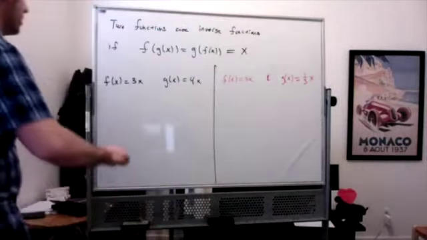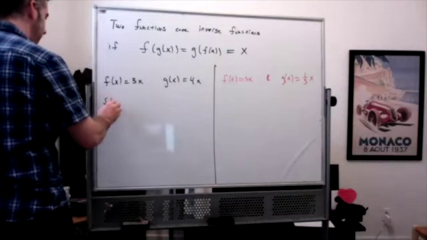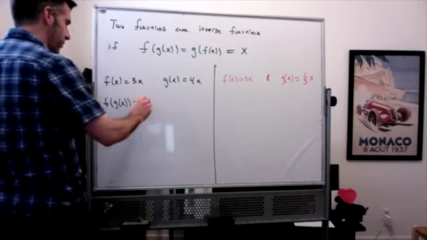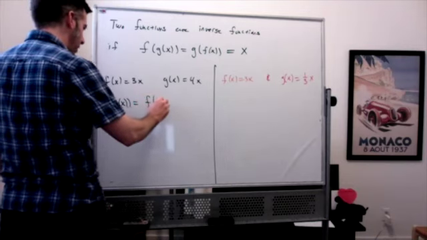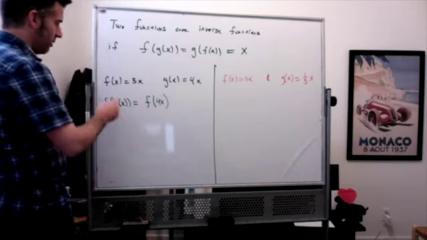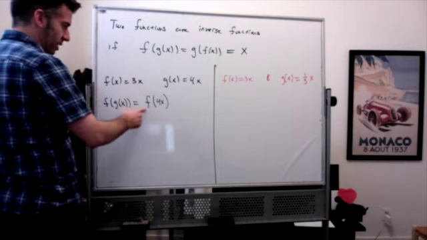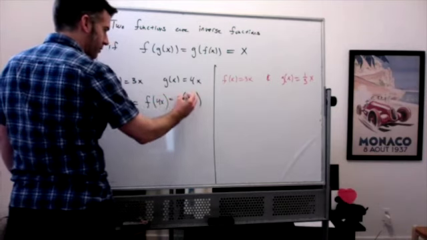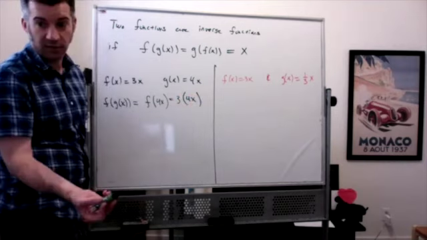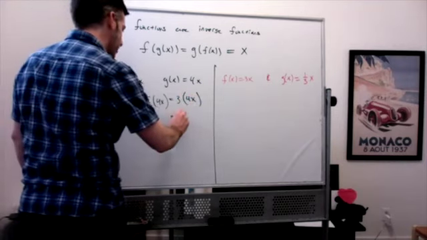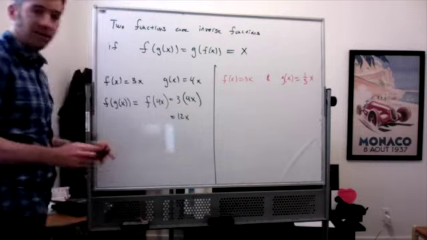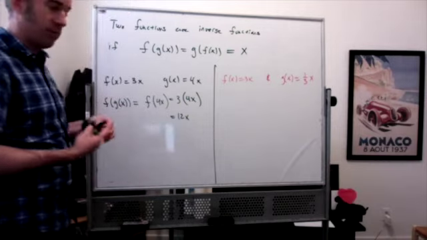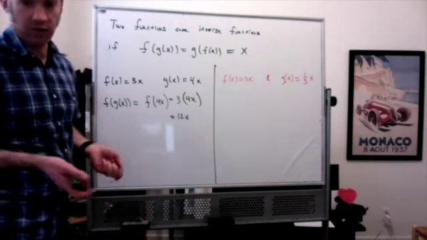So here, f of g of x is going to equal f of 4x. And f of stuff is 3 times your stuff, and 3 times 4x is 12x. This is kind of a special example, right? There's not a lot of functions where if you compose them in opposite directions, they are equal to each other.